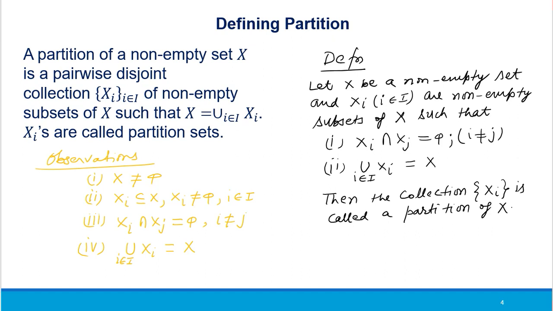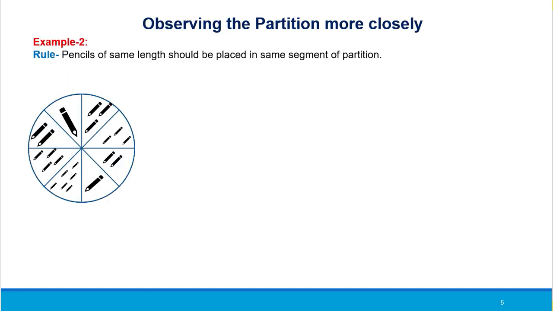So now we know what a partition is, and we also know the definition of partition. Now let us move and grab the concept of the rule which we use in creating a partition. We can easily observe that one partition set contains elements of the same type. Here we have the rule that pencils of same length should be placed in the same segment of partition.